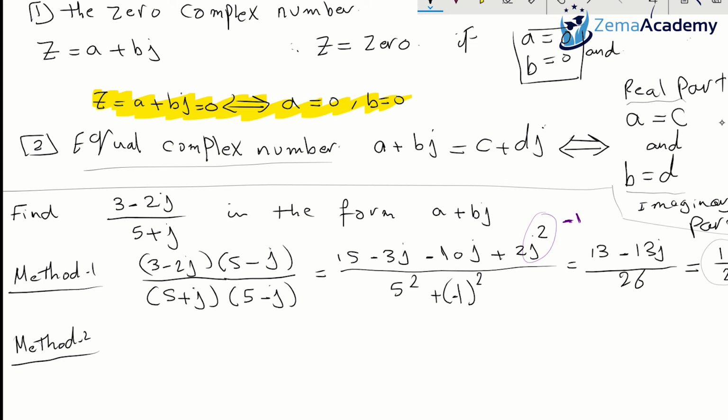Or another way is, I will say (3 minus 2j) over (5 plus j). I'm looking to write it in the form a plus bj, correct? My aim is to find a and b.